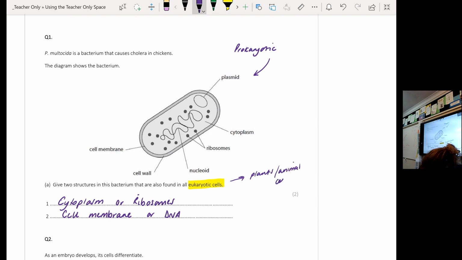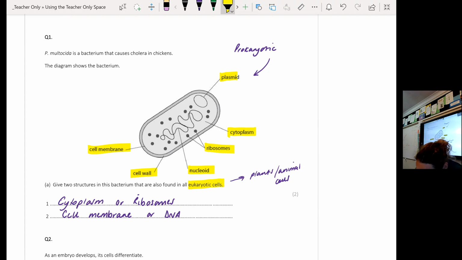So you need to compare your diagram here, the diagram that I've got in front of me with my handy labels on it. So all I want to know from these labels is which two of these are also found in my plant and animal cells.